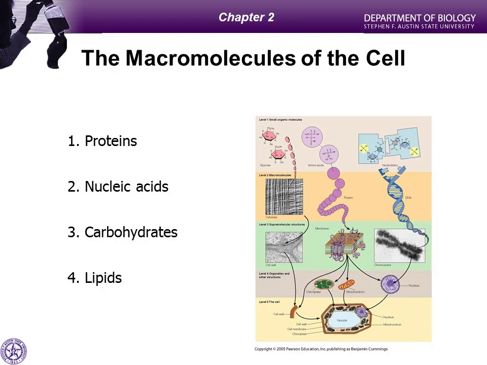We're going to take each one of these and expand on them. But particularly, I want you to pay attention to what are the monomers for each one of these versus what are the polymers. Lipids are the group that doesn't work so well for them. That's why I put them last. But certainly for proteins, nucleic acids, and carbs, monomer, polymer is what I want you to pay attention to.